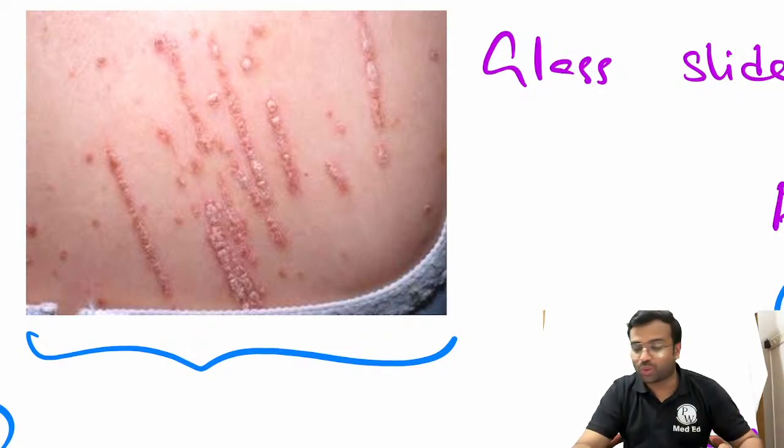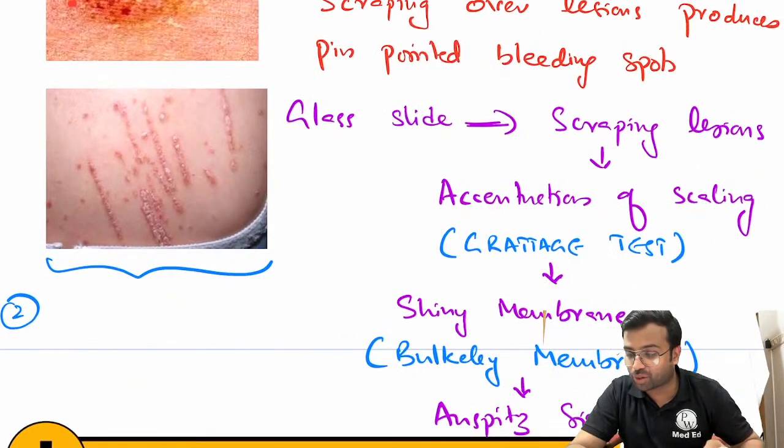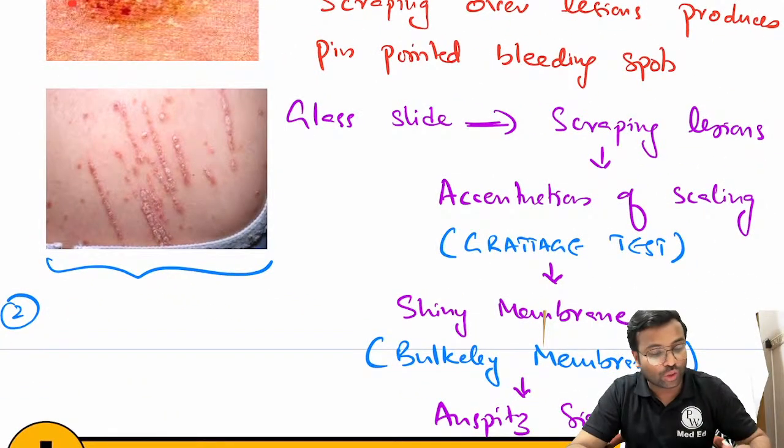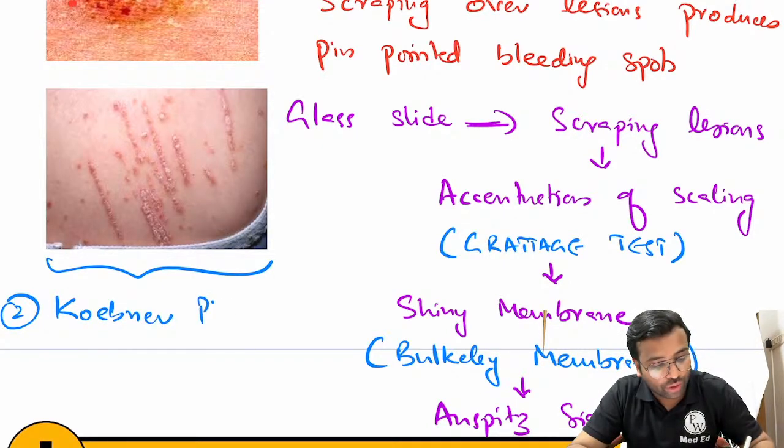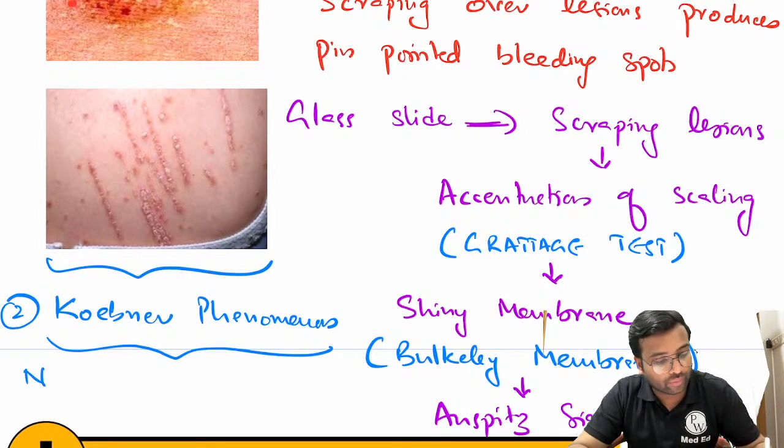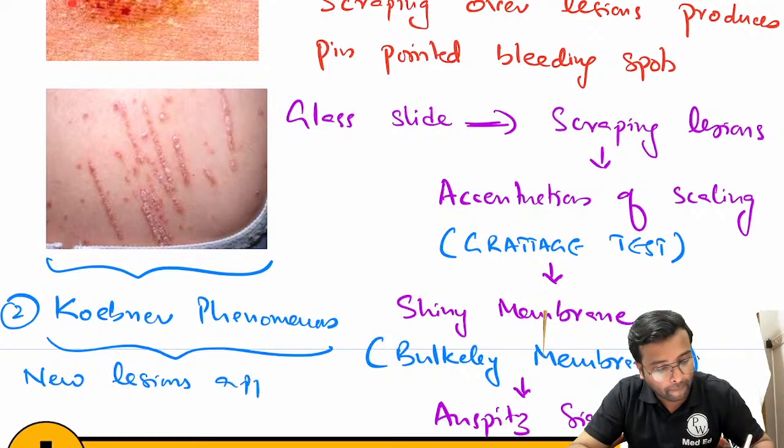Yes, I got the right answer in the chat box already. Thank you so much for answering. This one is called Koebner phenomenon. New lesions appear on trauma.